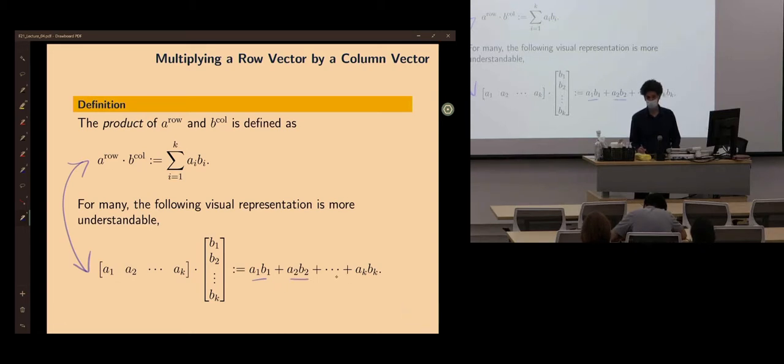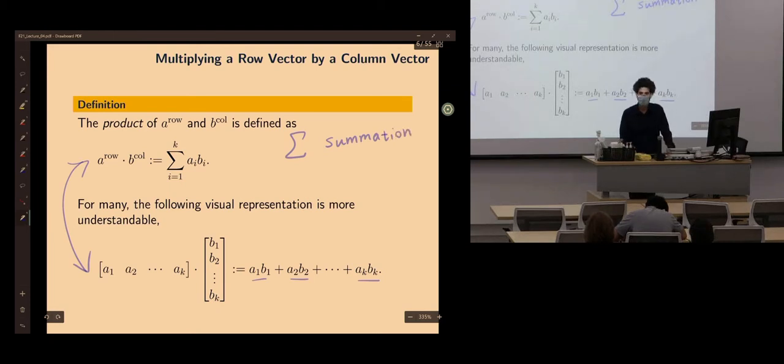We talked about dot, dot, dot, means all the way up to the last element, AK times BK. So sigma means summation.